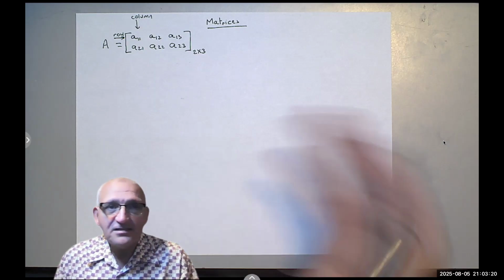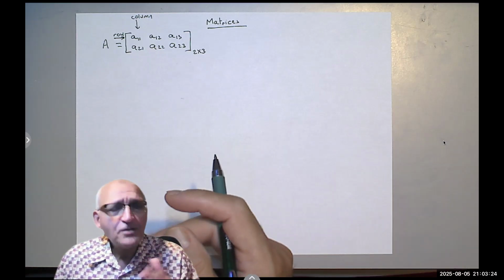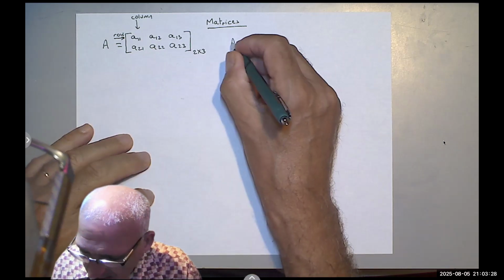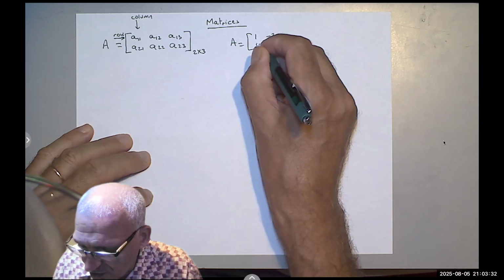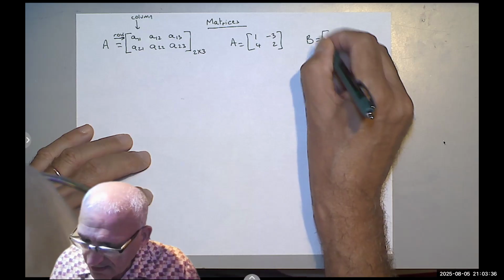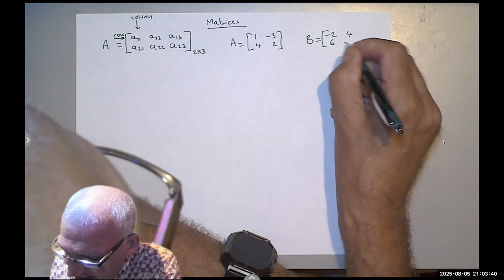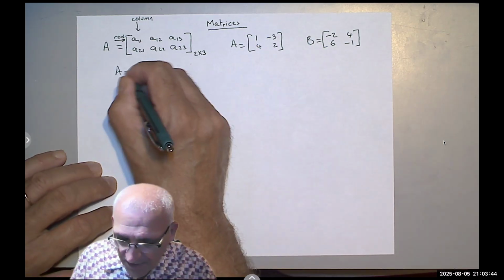Matrices can be added, subtracted, multiplied, but not divided. So let's look at the operations. Suppose I have matrix A that is 1, -3, 4, 2, and matrix B is -2, 4, 6, and -1. And I want to tell you what A plus B is.